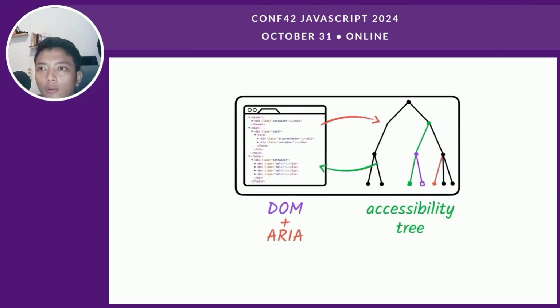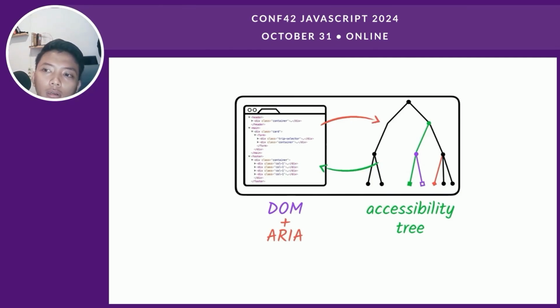So under the hood, how ARIA works is, when the DOM is converted to the accessibility tree, the accessibility tree scans the DOM first to see if there's ARIA or something in the elements of the DOM.